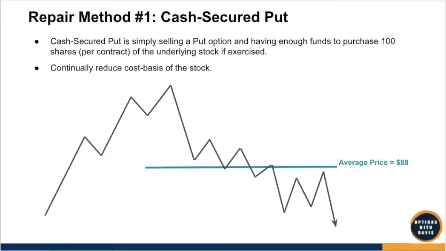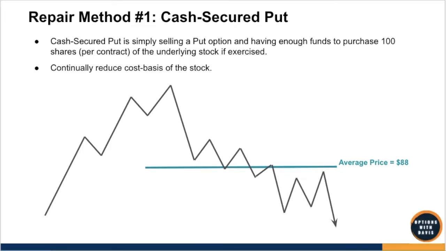You get a lower average price. So this time, if the price was to rally back up to our original price, which we bought at of $100, now we would actually be sitting at a profit of $12 per share. And now, instead of being break even, we actually have a profit because our average price right now is $88 and we have 200 shares with $12 per share profit.